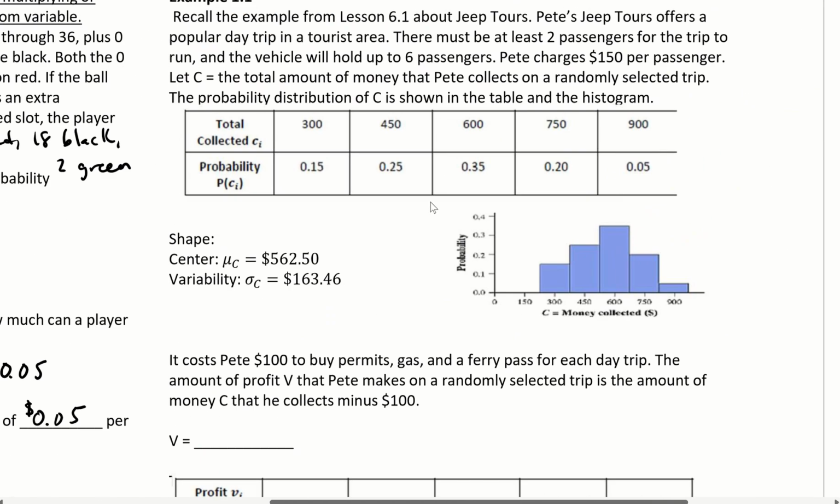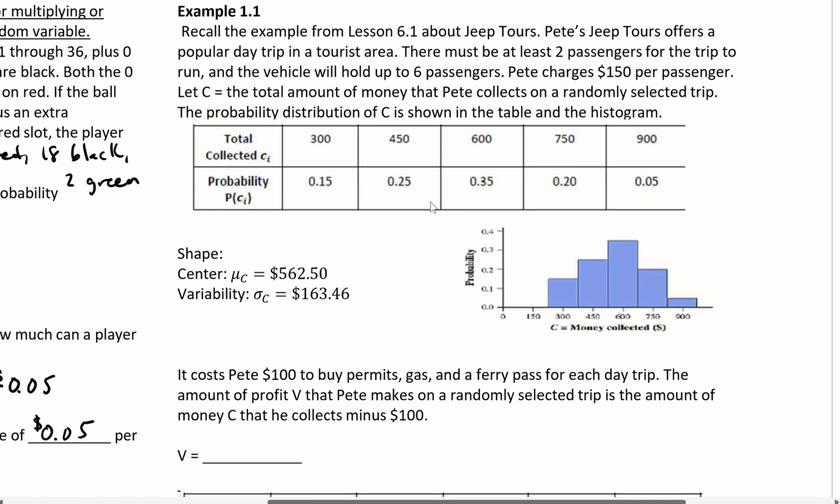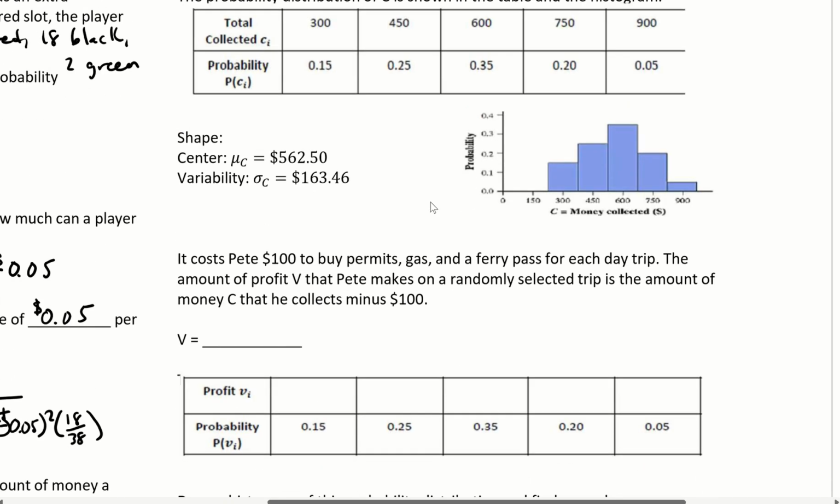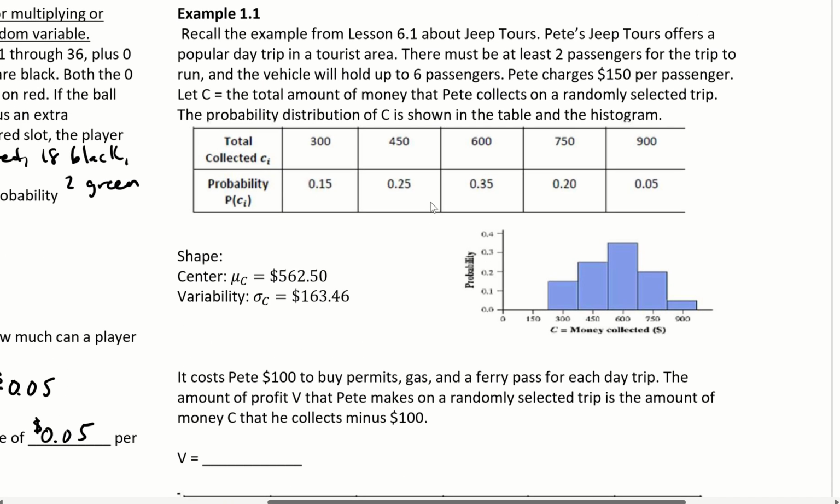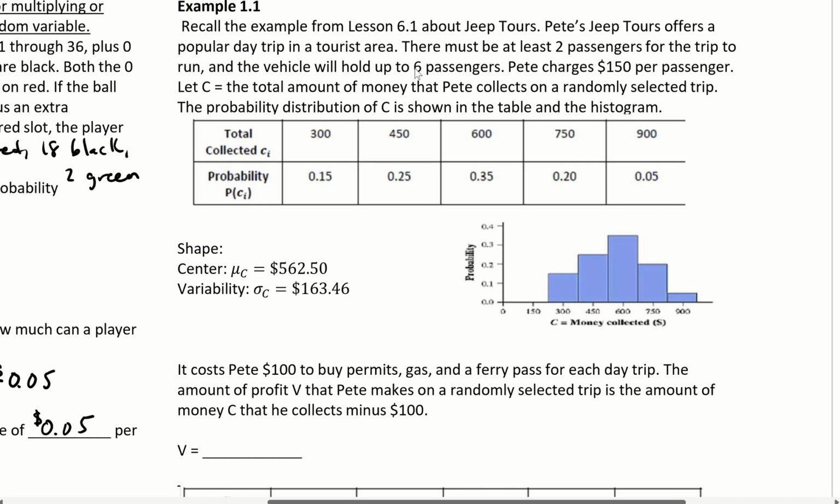All right, let's look at our first example here. These examples in this lesson are going to be fairly involved. But recall the example from 6.1 about Pete's Jeep Tours. They offer a popular day trip in a tourist area. There must be at least 2 passengers for the trip to run, and the vehicle will hold up to 6 passengers.